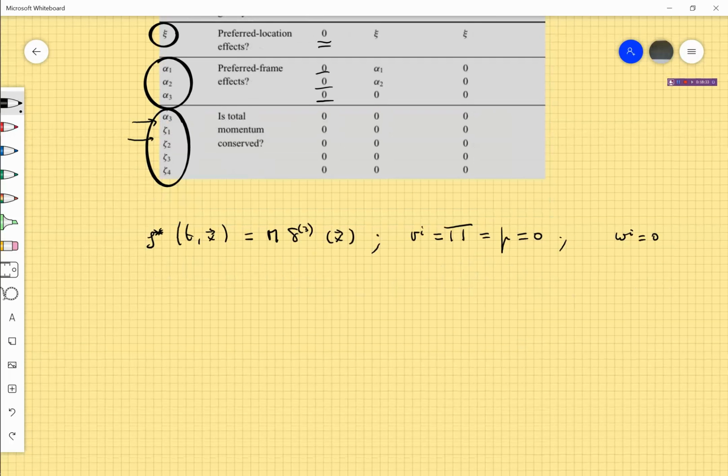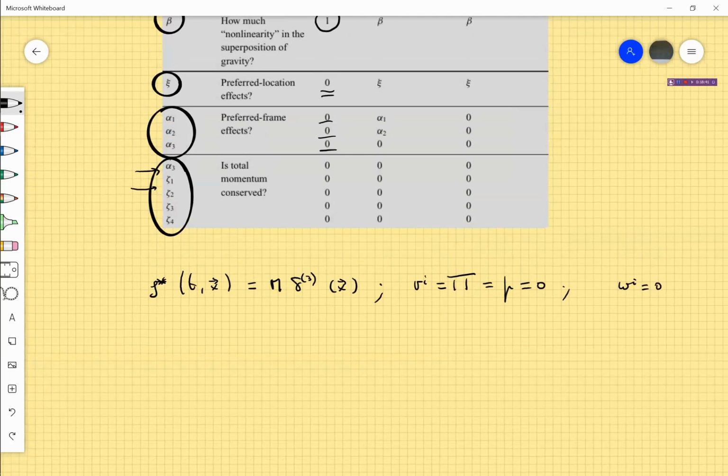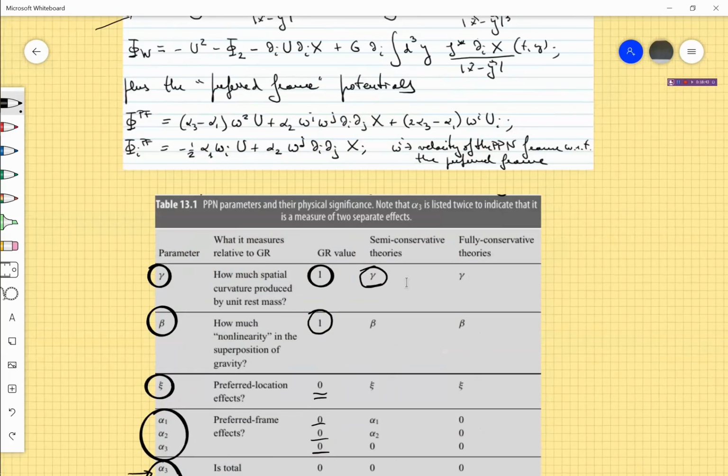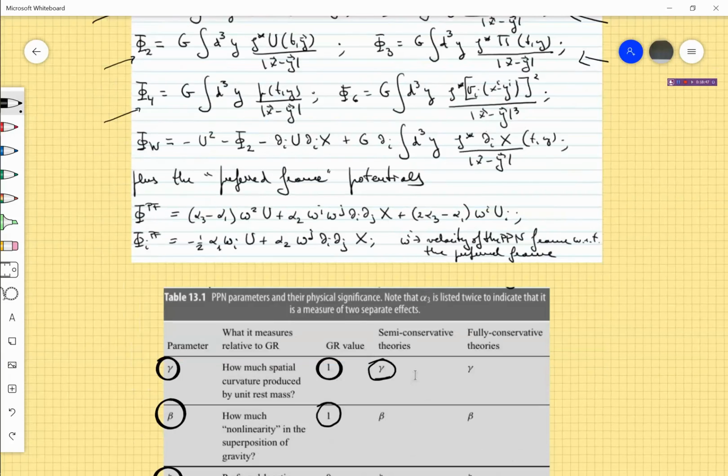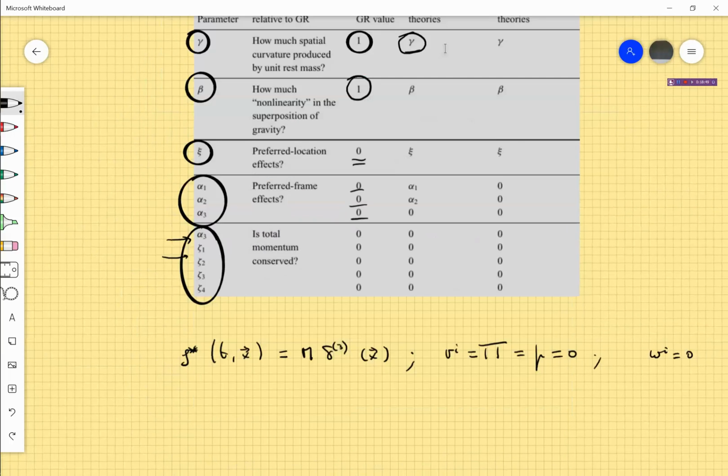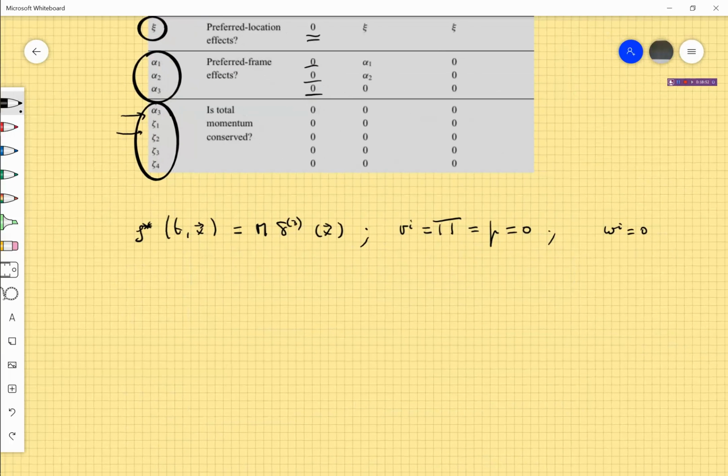Now we just follow the program. You have the variables that describe the matter that you have, and you just plug those variables into these equations and compute the gravitational potentials. As simple as that.